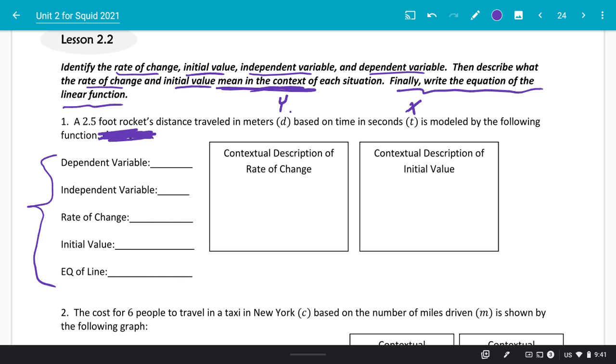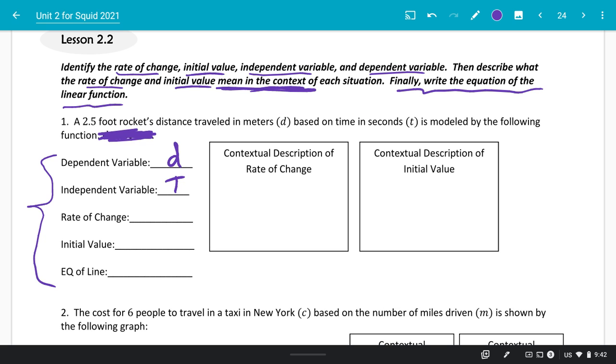So D is based on T. T is independent, or Y is based on or dependent. Can you find that context clue of based on to know which is which? So what's my dependent variable? D. What's my independent variable? T. Okay.